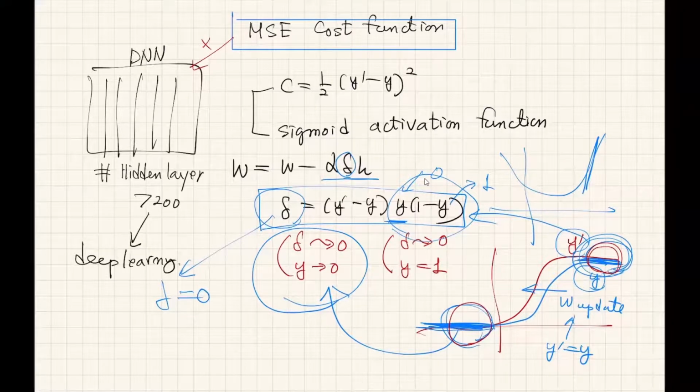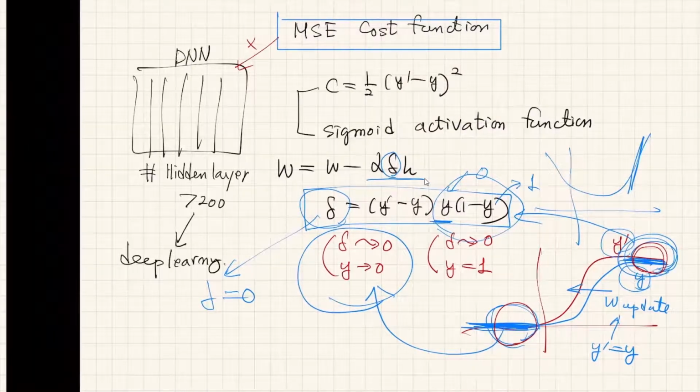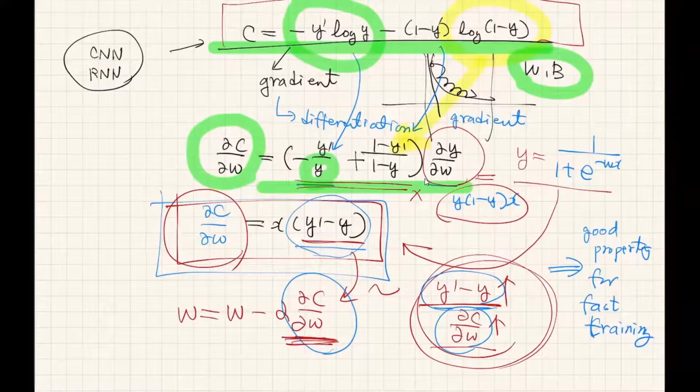Even though you keep training with forward propagation and backward propagation, the effect of your W update or optimization will be really small. However, if you choose the cross entropy function, it will still keep optimizing.